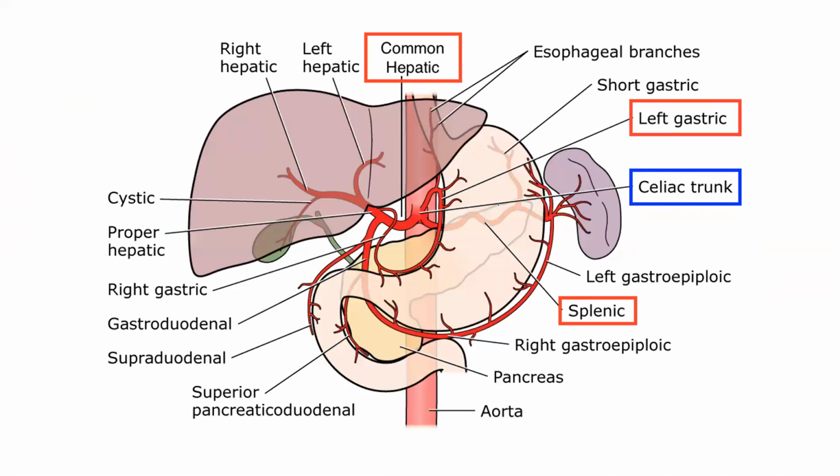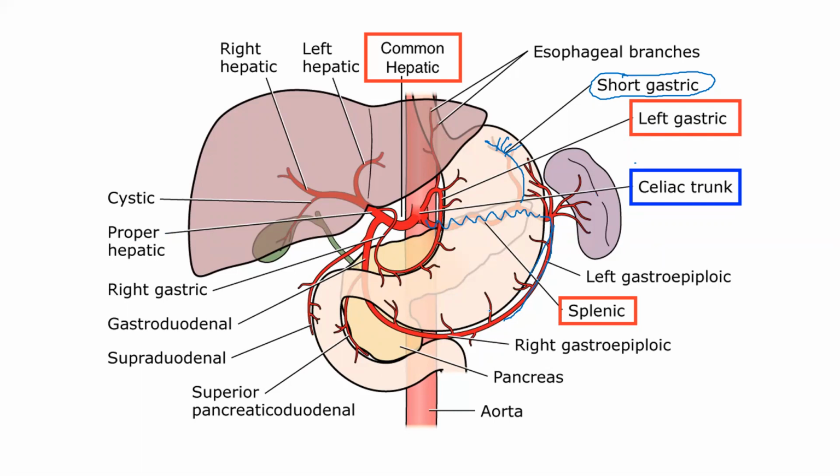Apart from that, the splenic artery gives branches to supply the fundus of the stomach. These are called the short gastric branches. And then it gives one nice large branch that runs along the greater curvature of the stomach within the greater omentum. It's called the left gastroepiploic artery, which anastomoses with the right gastroepiploic artery.